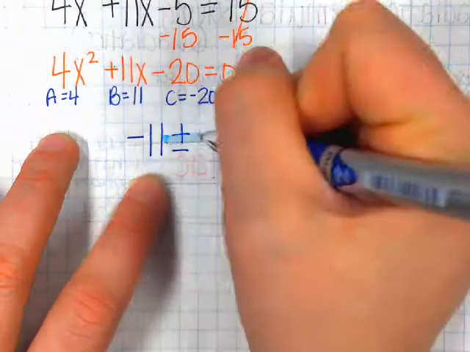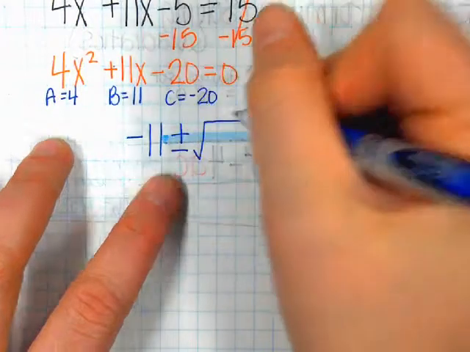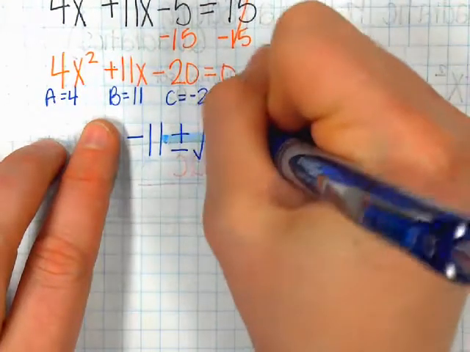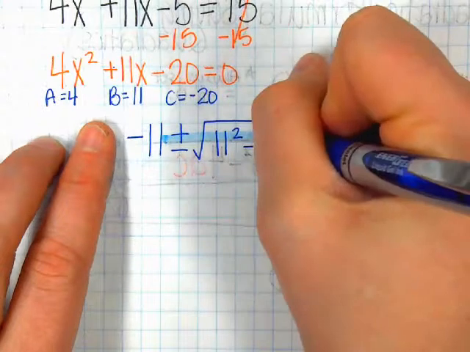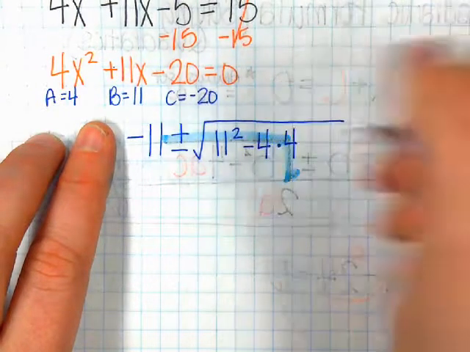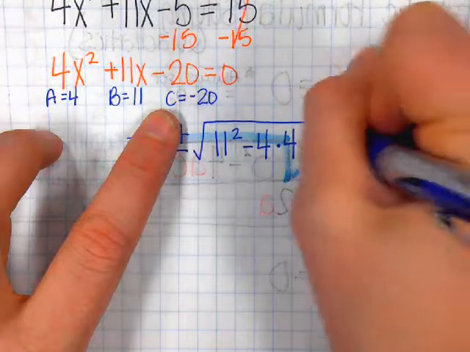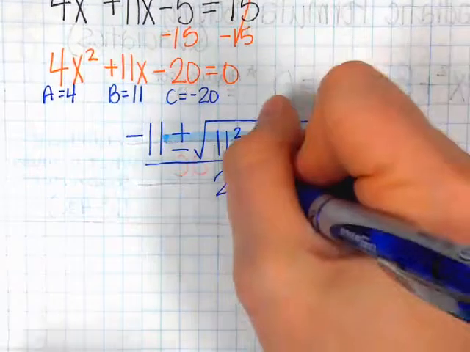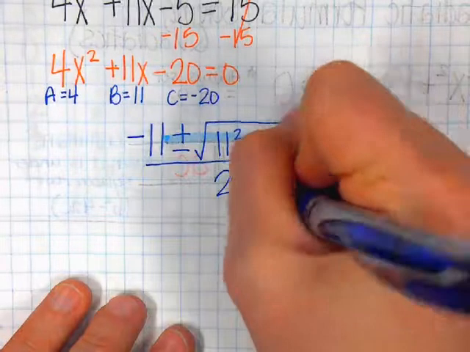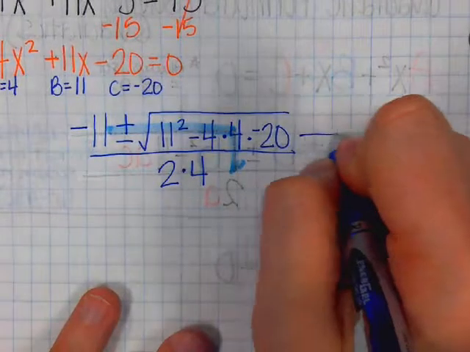So for our formula, opposite of b, negative 11, plus and minus the square root of b squared, so 11 squared, minus 4 times a, which is 4, times c, which is negative 20, all divided by 2 times a, which is 4.